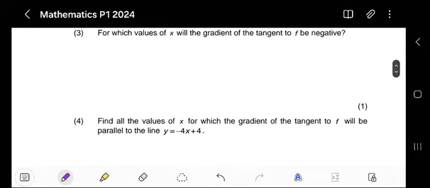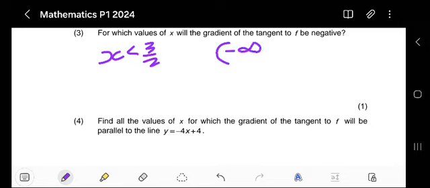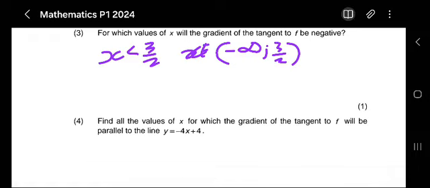I can say x must be greater than 3 over 2, or someone can say it is from 3 over 2 up to infinity, like this. Or you can say x is an element of, if you want, like this. It's up to you which one you prefer.